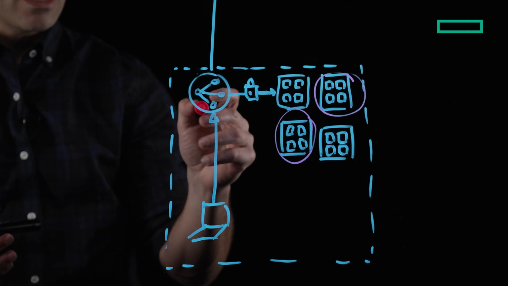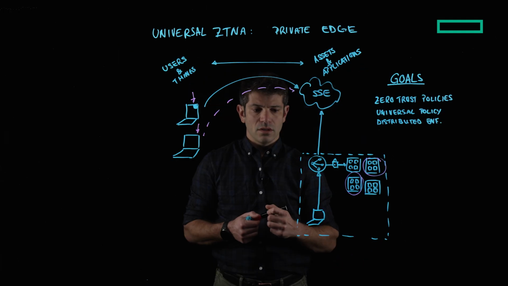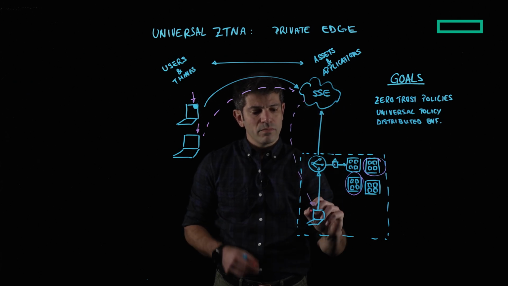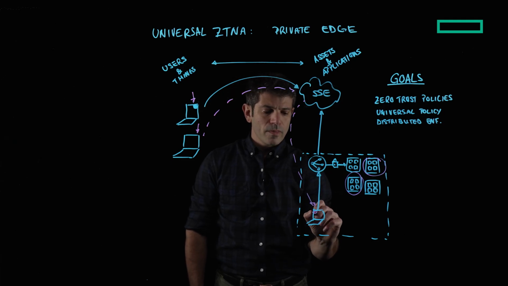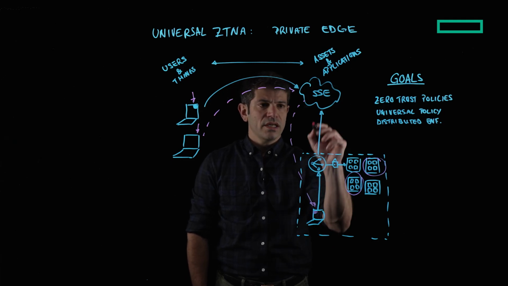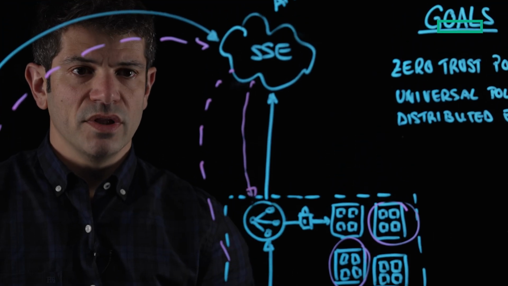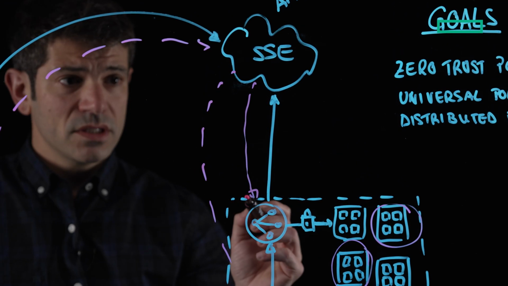Does this mean that we have any policies that are different, that are configured anywhere else? Not at all. From the SSC cloud, we deliver the same policies that we had for these remote users to the users that are sitting on site and to the private edge, which is doing that local enforcement. So you get that same zero trust policy.